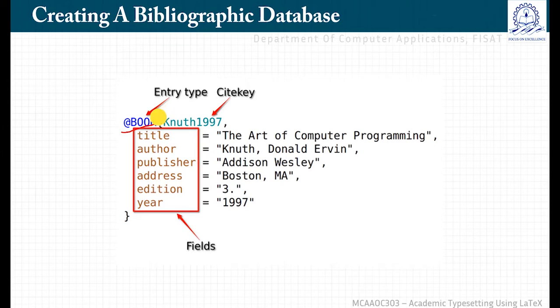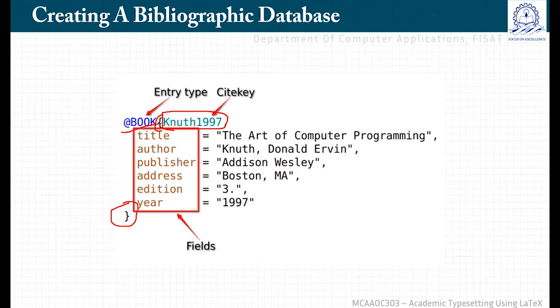So here start the details of the publication or entry in the database. The very first item is the key for the whole reference, by which it is referred. In this example, we can see Knuth1997 is the key. So in the .tex file, we use this key to cite this entry.